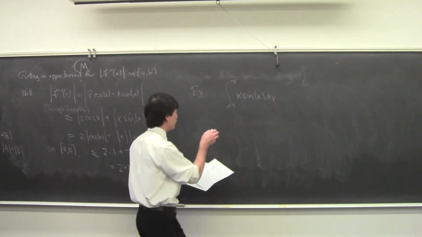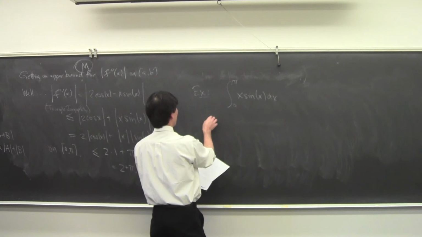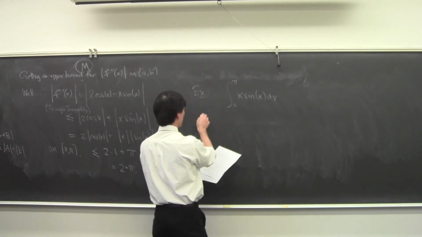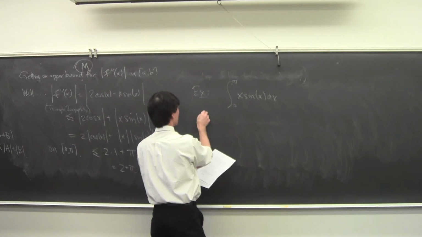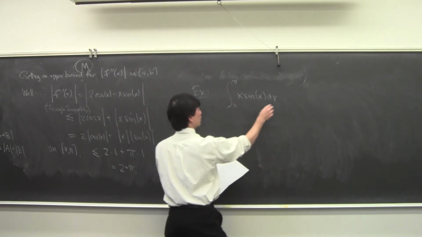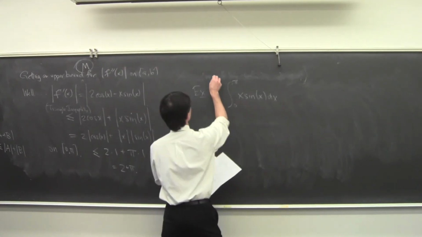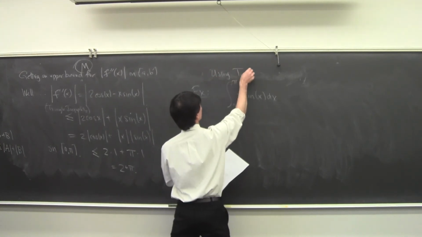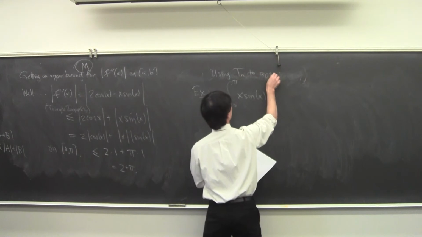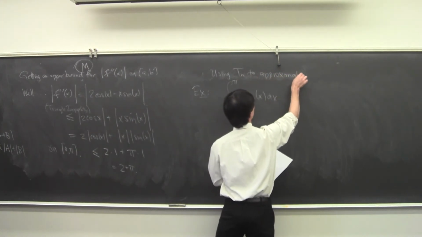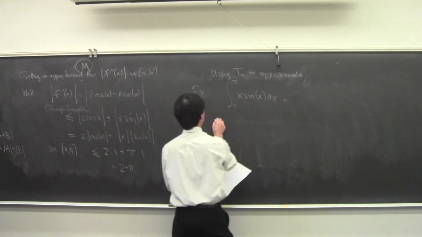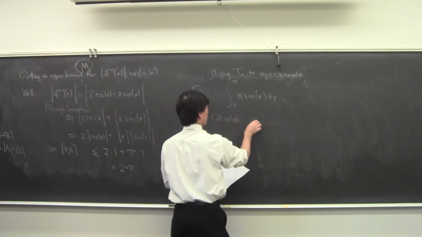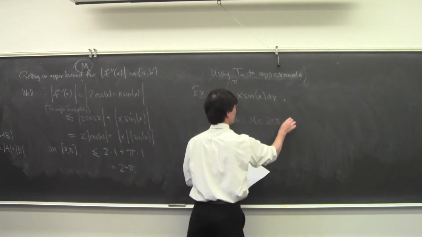So we're wondering, what's the control on the error? Well, our theorem says, using P sub n to approximate the integral, m equals 2 plus pi will do.